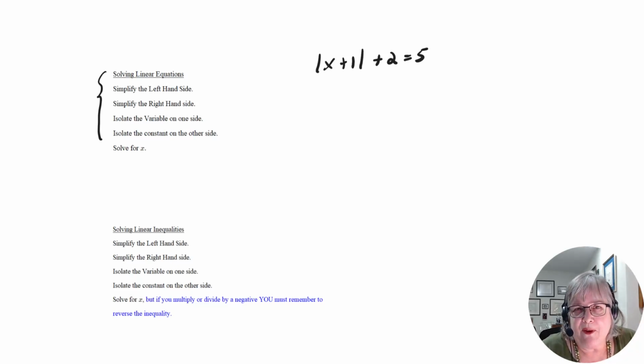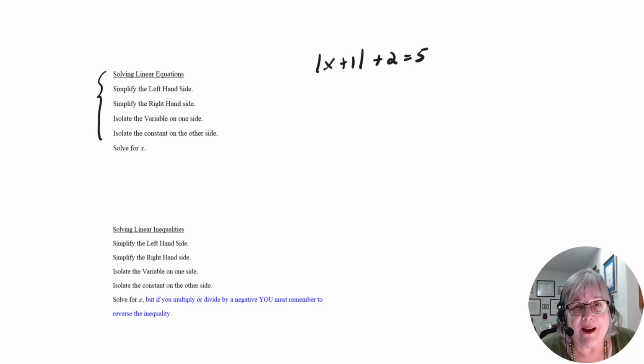So we would simplify the left-hand side. Can we take a 2 that's on the outside of the absolute value bar and add it to anything inside the absolute value bar? Gee whiz, it's a tongue twister. No, you cannot, because you have to isolate the absolute value bars before you can do anything in there. You're going to see that in just a second.